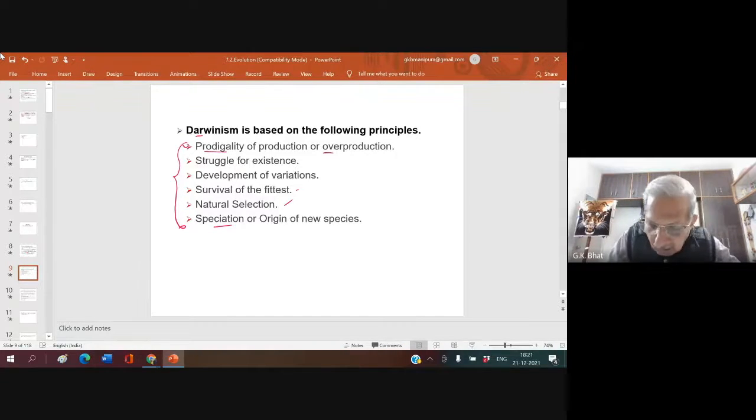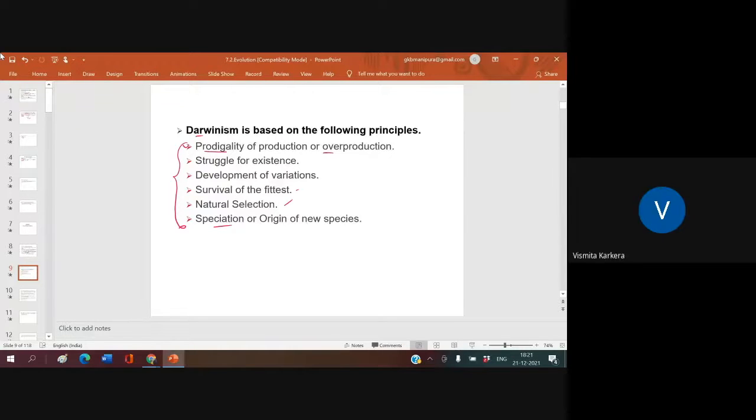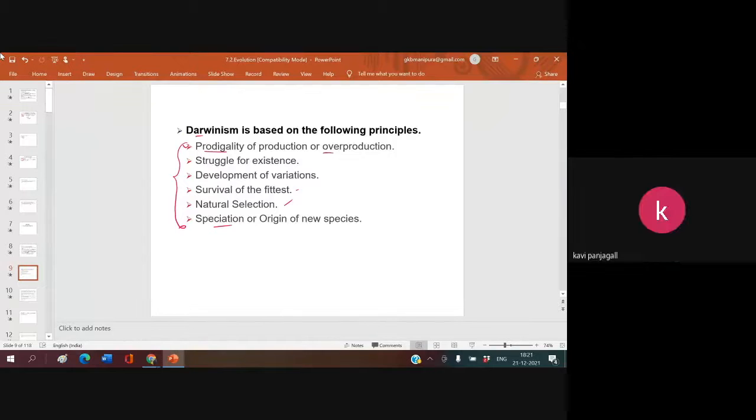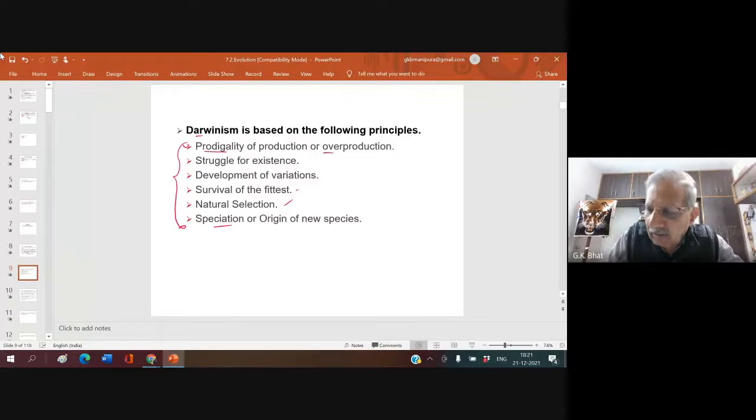Rishmita? Hello? Siddesh, what is the most important thing? Kavita, what is the most important thing in your life? Hello? Anyone? Prithvi? Sir, air.